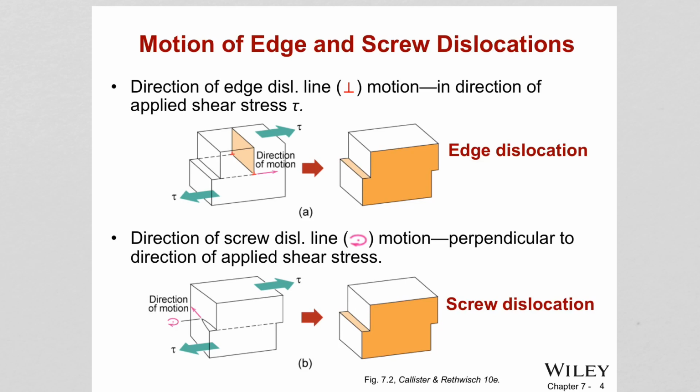In the first figure we are seeing the edge dislocation moving in the direction of the applied shear stress, because the shear stresses are applied on the surfaces like that, and the dislocation here is moving in a direction that is parallel, in the same direction, right? And this is the final shape change we observe here.